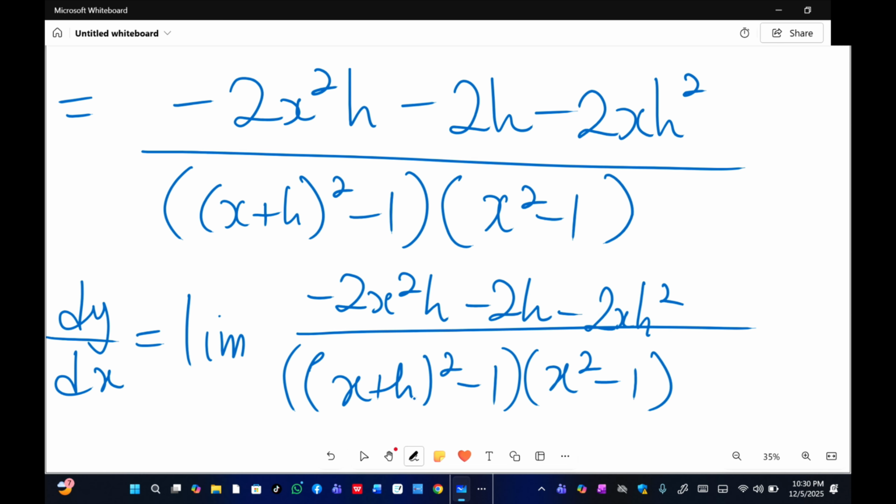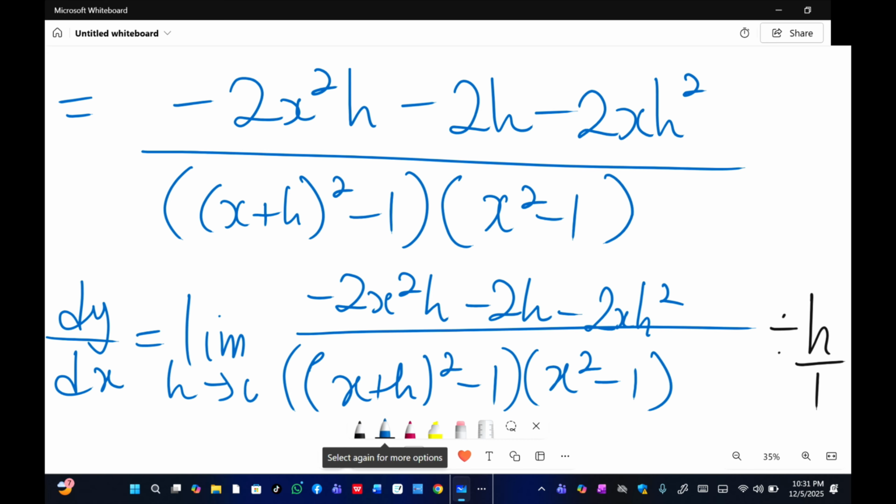Then everything will be divided by h, because in the formula we have it divided by h. So let me bring it. So it will be divided by h, and h can be written as h over 1, as our h approaches 0.